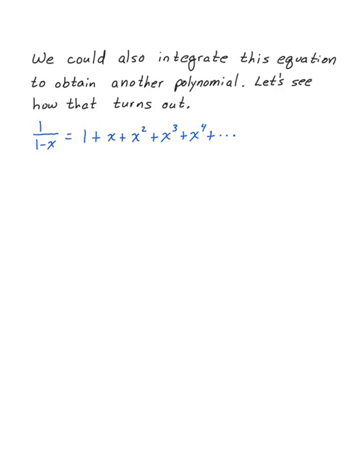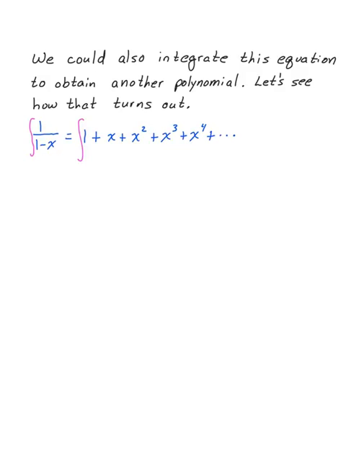All right, so another thing that we can do besides taking the derivative of both sides to find some other Taylor polynomials is we could also integrate both sides of an equation to find some more Maclaurin polynomials. All right, so let's think about integrating both sides of this.